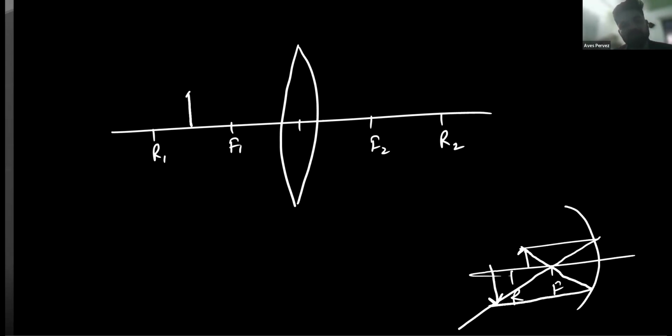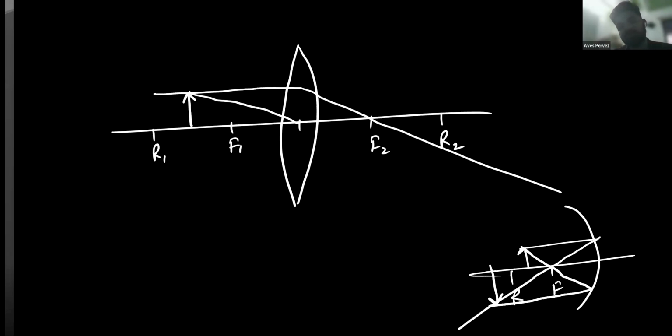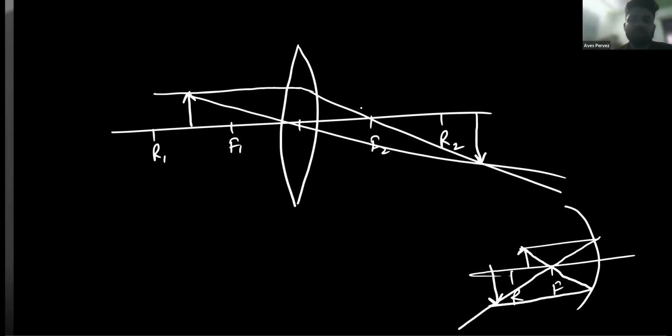Similarly, if you have a ray passing through focus, the next one will be passing through the optical center. I'm not able to make the straight line with this one because this is a pen only, so you need to make it properly.